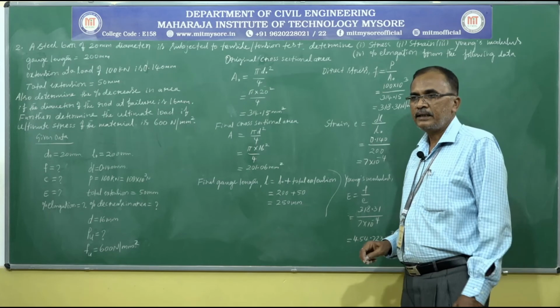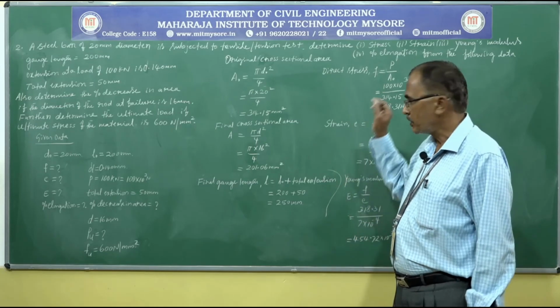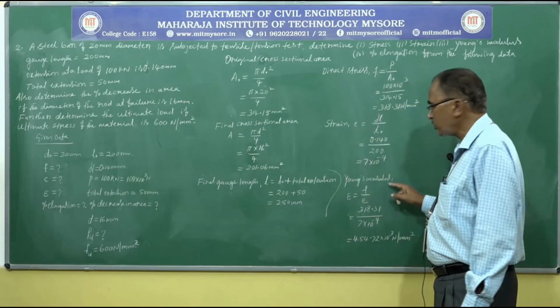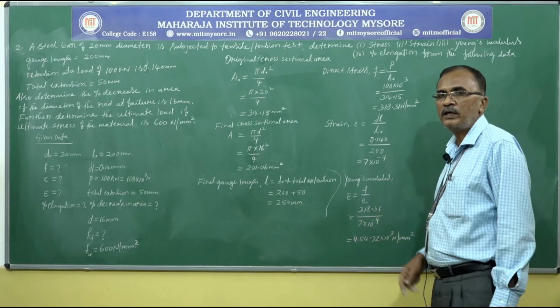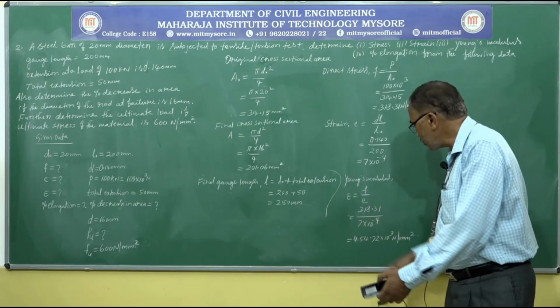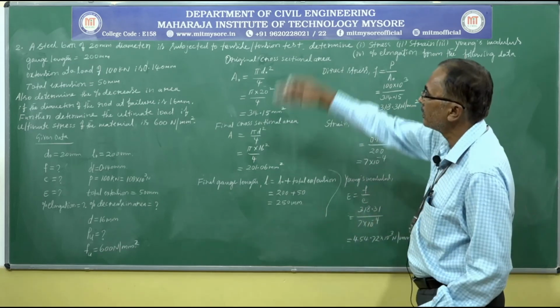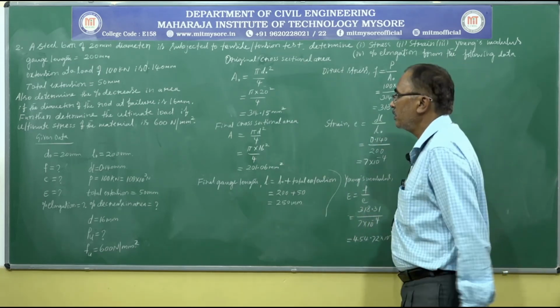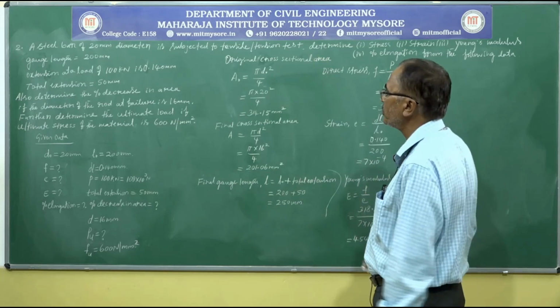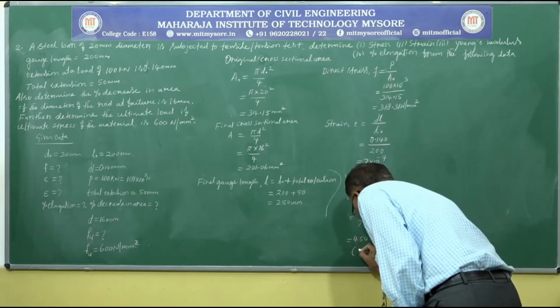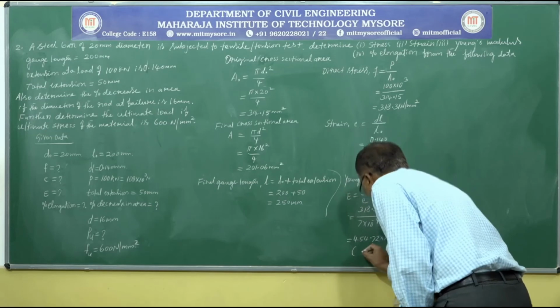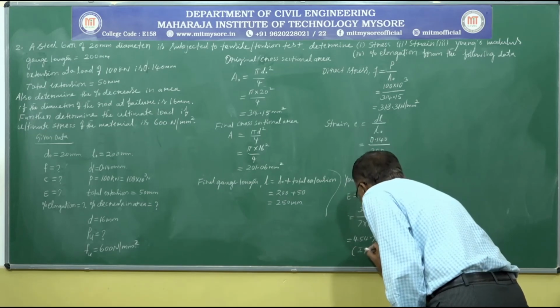We already stated that for structural steel, the Young's modulus is about 200 GPa. So this value indicates it is an irrelevant value, mainly because of the recorded value. If you are confident, you can write it as an irrelevant value.